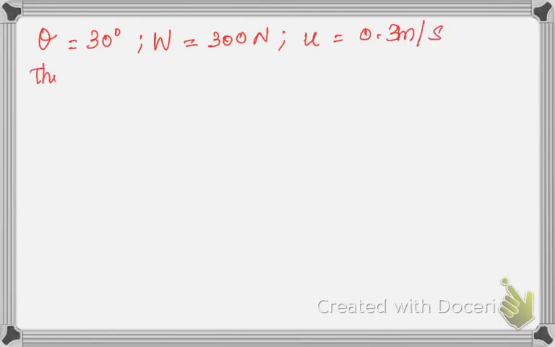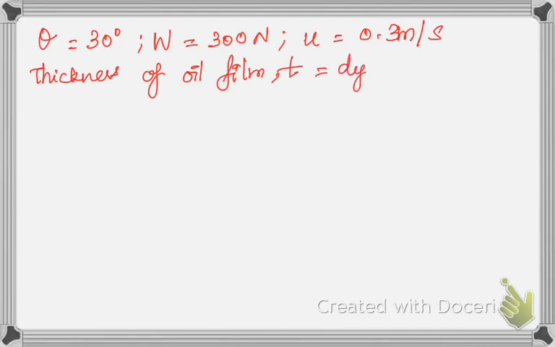Then if you notice, they have given the thickness of oil film. Thickness of oil film is nothing but dy, as in du by dy. I hope you remember. That dy is 1.5 mm. Since it is given in mm, we have to give it in terms of meter, so 1.5 into 10 power minus 3 meter.